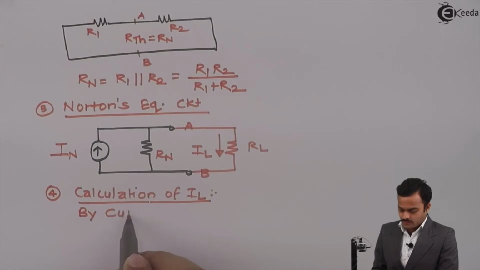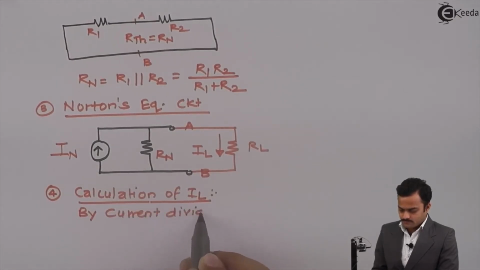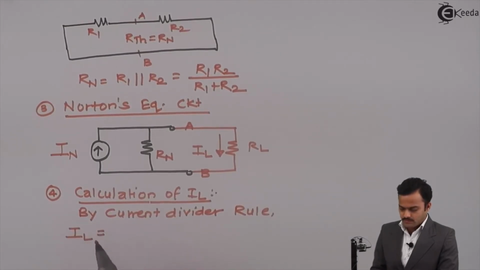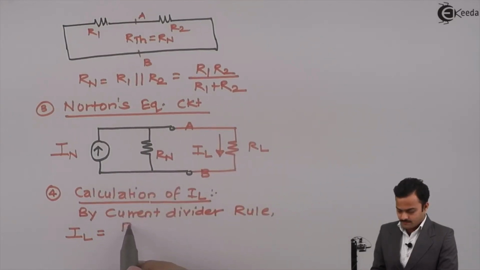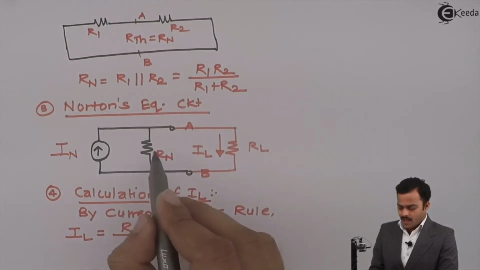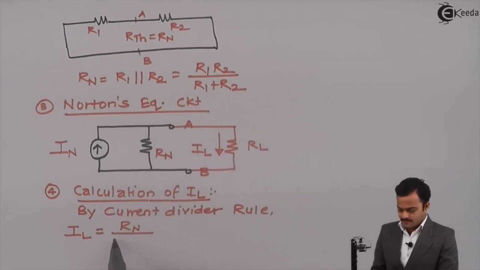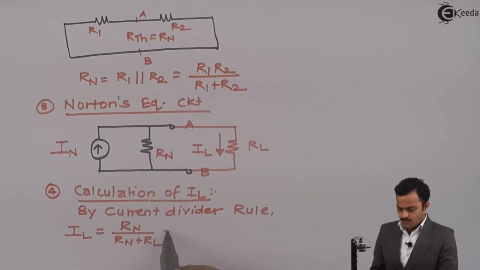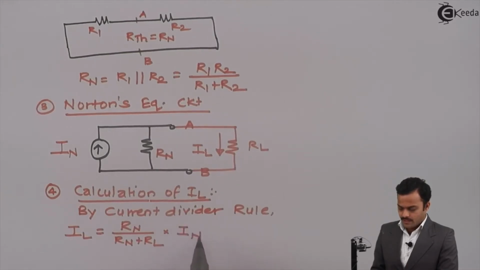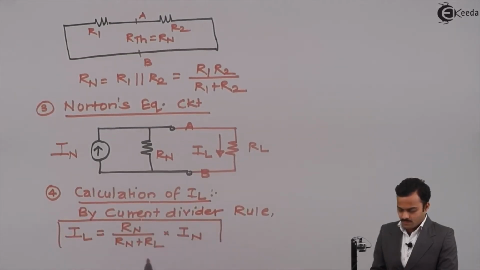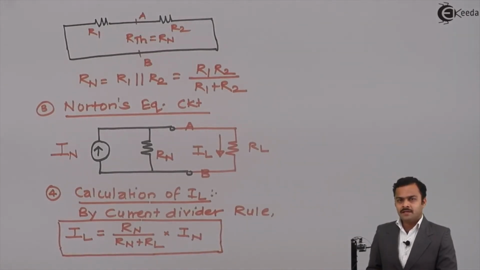So by current divider rule, I will get IL, which is nothing but the resistance which is connected parallel to RL, that is RN, divided by the addition of these two resistances, multiplying the total current supplied, which is IN. So every time while calculating IL, we are going to use this formula, which is the current divider rule.